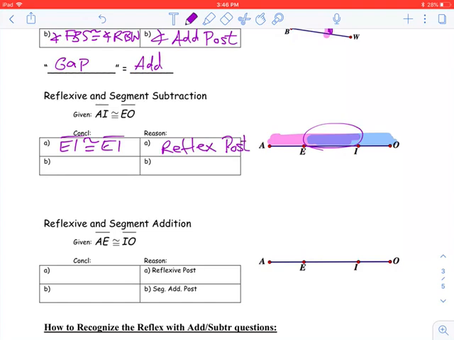And now that we have that overlap, we can go ahead and subtract it off. Get rid of it. And what we have left is AE is congruent to IO. So that is now the segment subtraction postulate. Okay?